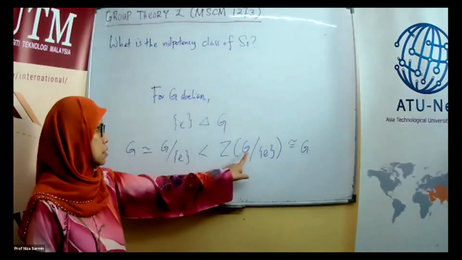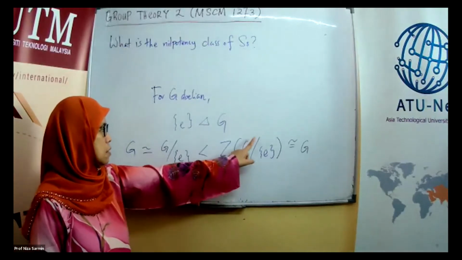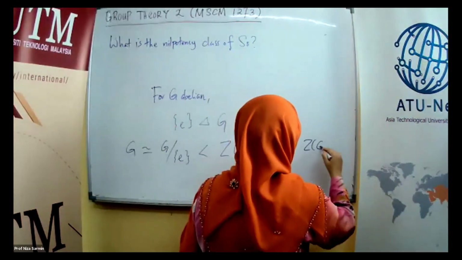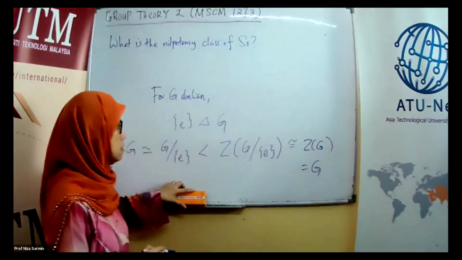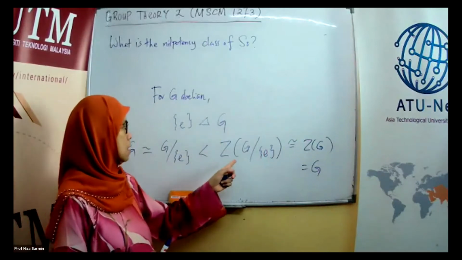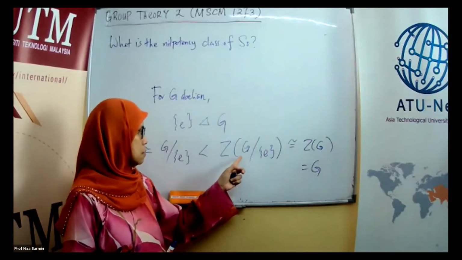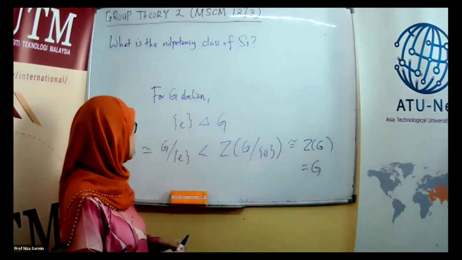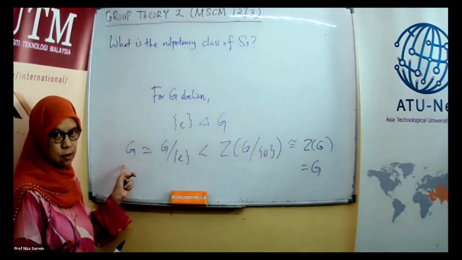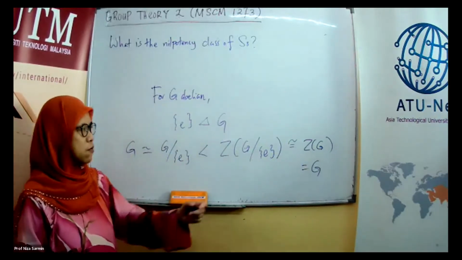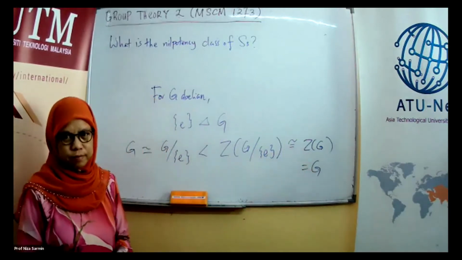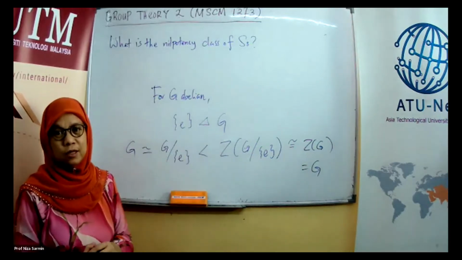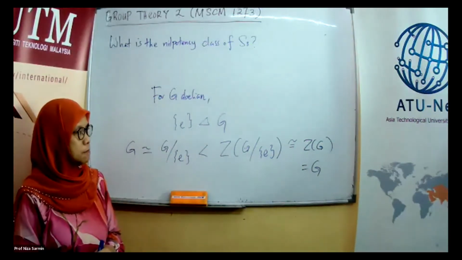You see, if this is always G, let me write this. This is always G. This is always G. So for any group, if the center is the whole group, then this is true, right? For the central series. Okay.